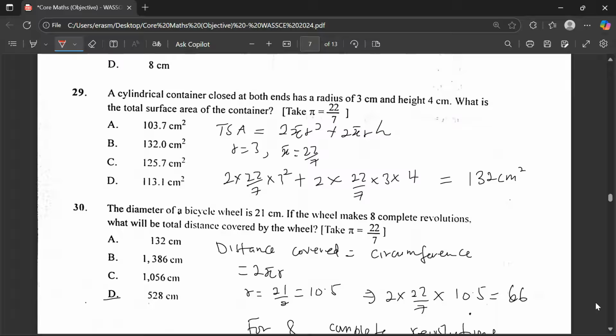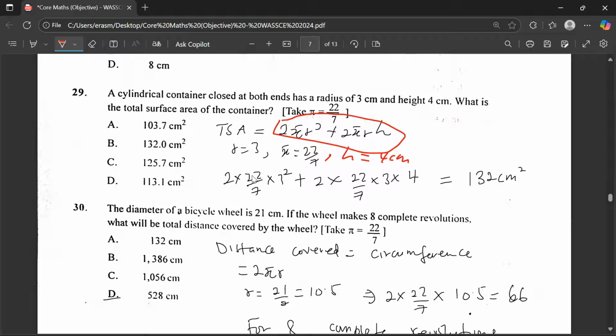Now, the total surface area of a cylindrical container is equal to 2 pi r squared plus 2 pi r h. Now, r is 3, pi is 22 on 7, and then h is 4 centimeters. So you want to put these values into this formula.